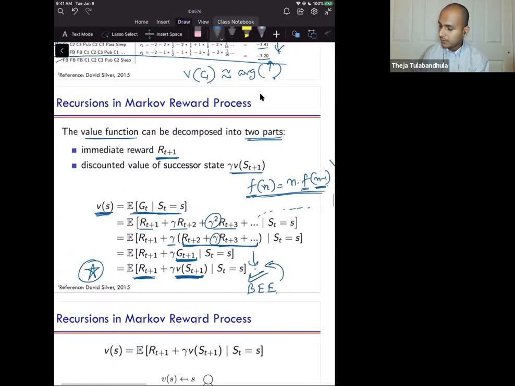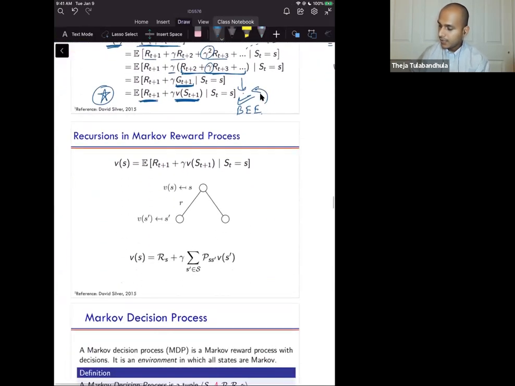Now let's come back to the recursive equation above, which is v of s is the expectation of the immediate reward plus the expectation of the future value function, whose argument is a random variable. It can also be written in this way.